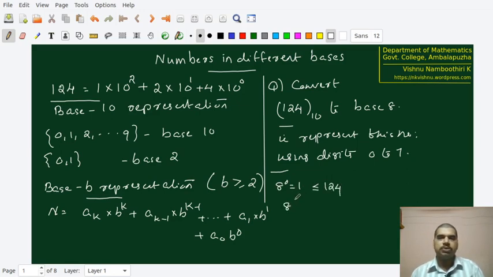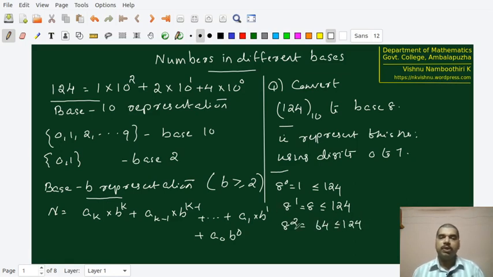Now 8 raised to 1 is 8, that we also have to choose. 8 raised to 1 equal to 8 is less than or equal to 124. Therefore, 8 also can be accommodated. 8 square is equal to 64, that is also less than or equal to 124.